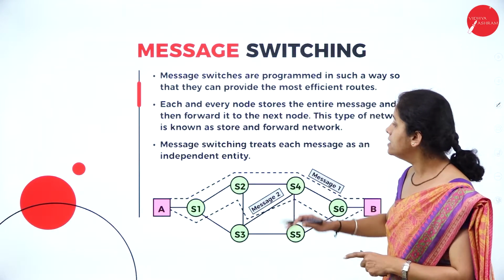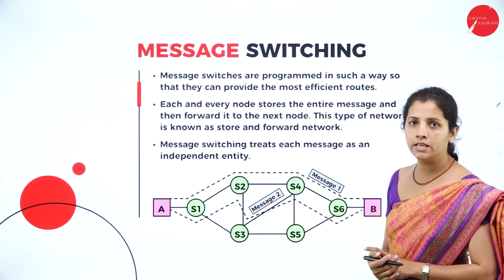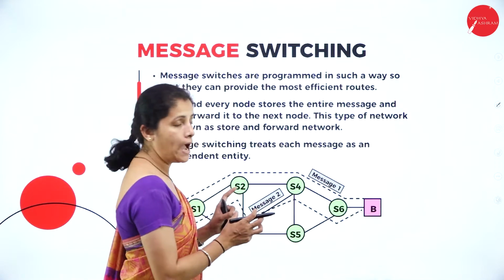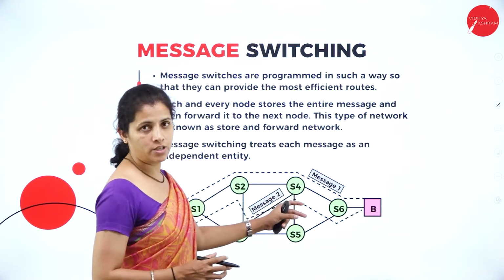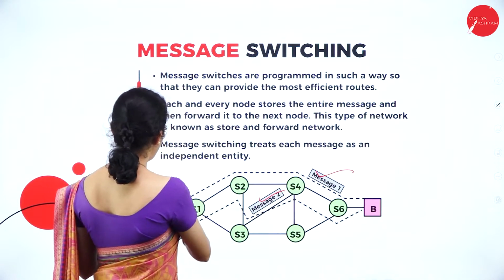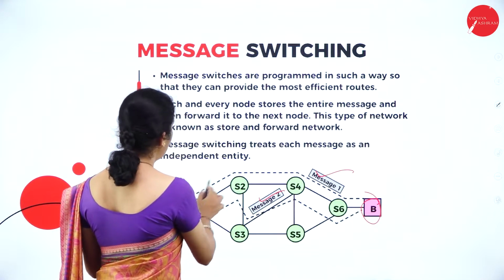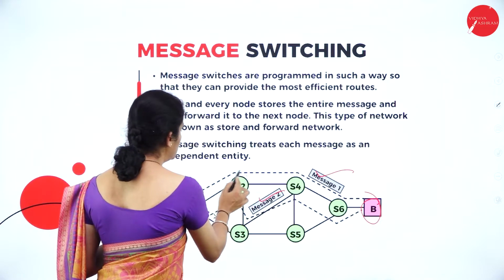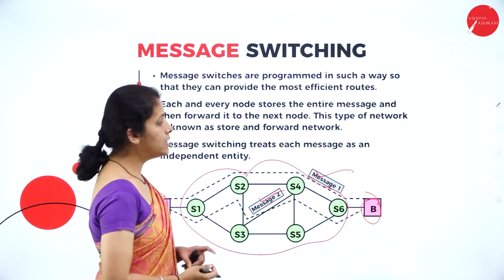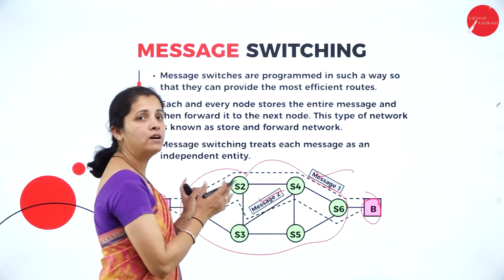Now dear student, see here, this is the example used to illustrate message switching. All the data I have is treated as a message. I have message 1 and message 2. Now A wants to send data to B, and I have the mediators, the intermediate nodes. To send message 1, A is going to consider the first route.